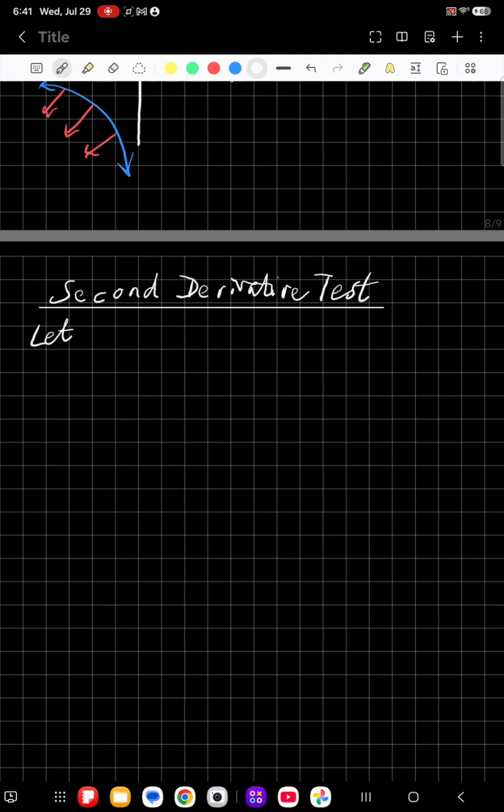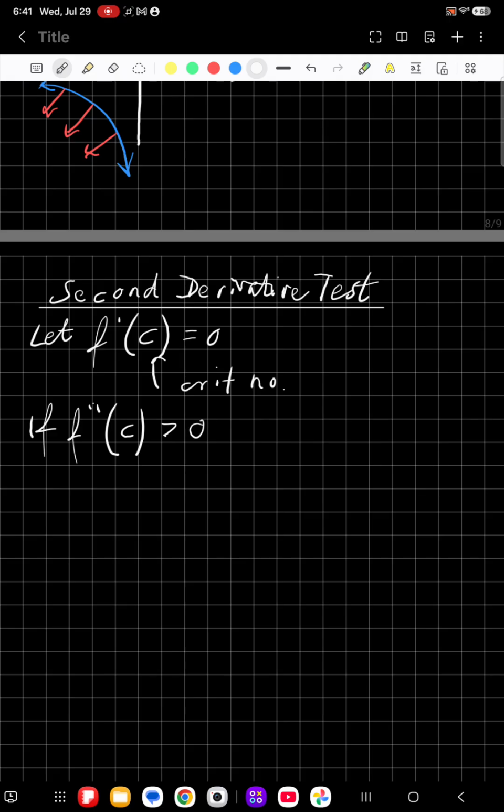So let f prime of c equals 0, right? So that c is a critical number. And then if I calculate the second derivative and plug that critical number into it, I get a number that's bigger than 0.